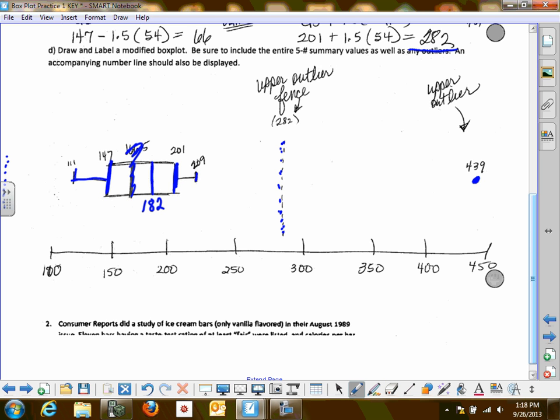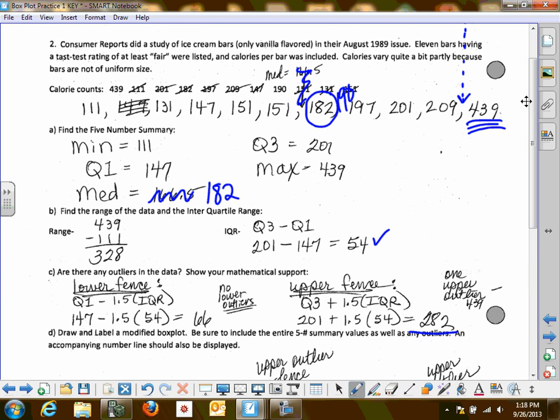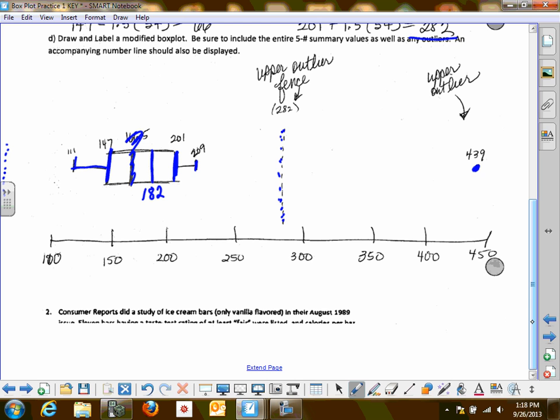Let's look back up here. The next piece of data inside the fence is that 209. So that's why that upper little whisker only goes to that 209. Ta-da! Okay, any other questions or little details I missed on that?